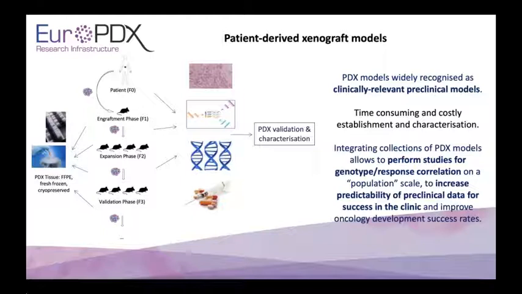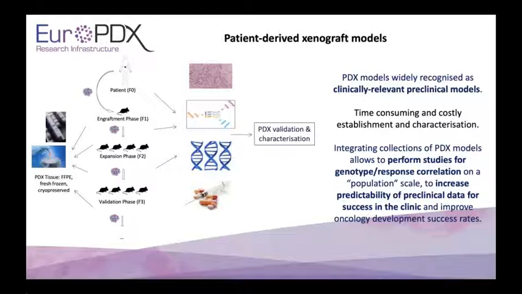So several years ago, laboratories in the EurOPDX consortium decided to create this network to integrate collections of existing PDX models. That would allow studies of genotype-response correlation on a population scale by tapping into a wider, distributed collection.